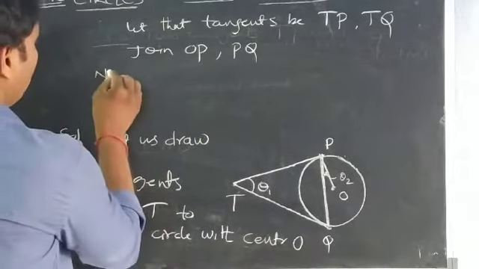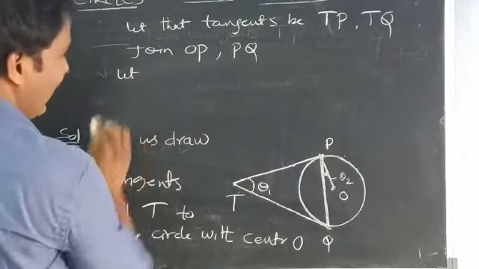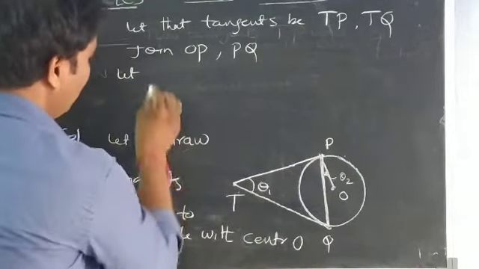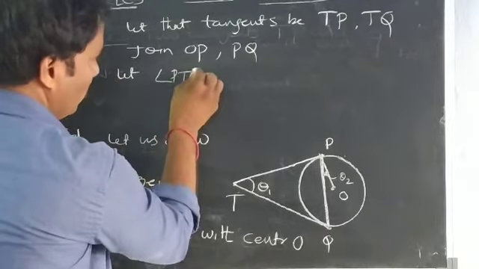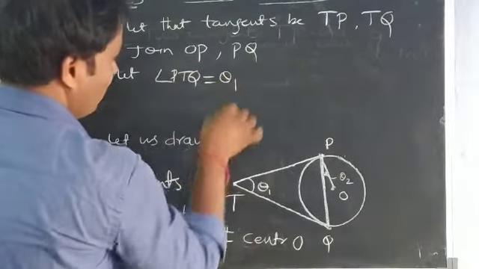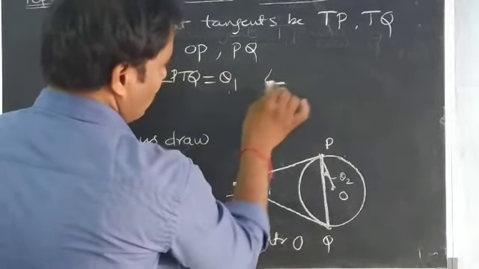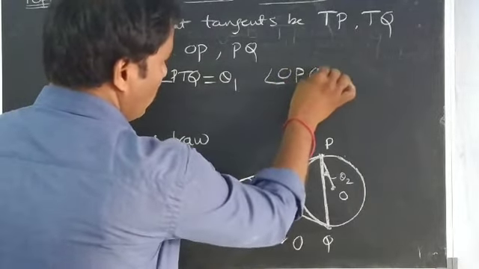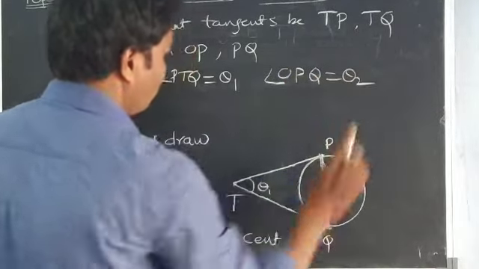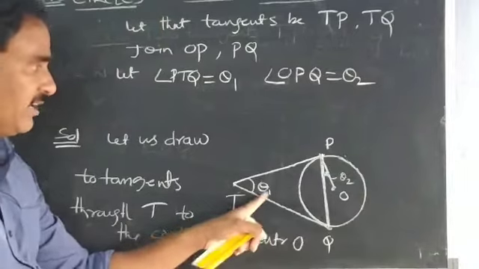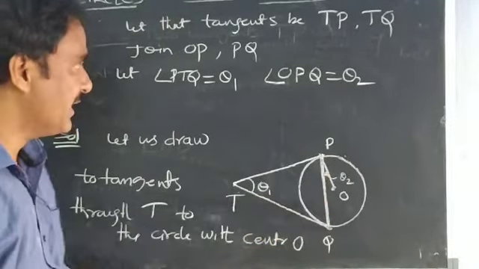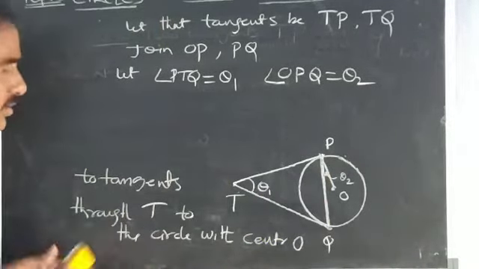Now we are going to prove that. Let angle PTQ be theta 1 and angle OPQ be theta 2. This angle I am taking as theta 1, and this smaller angle as theta 2.